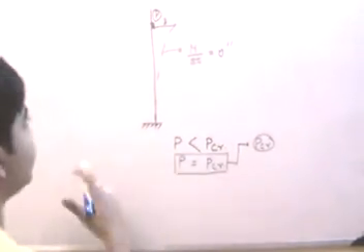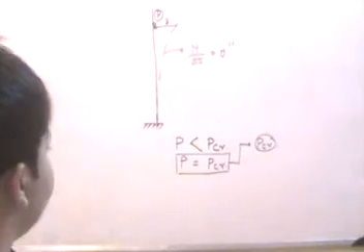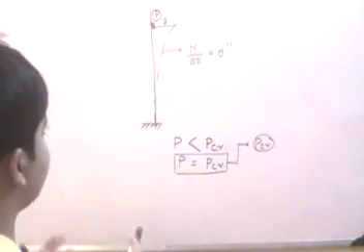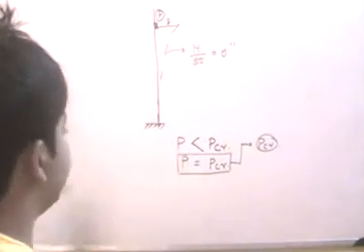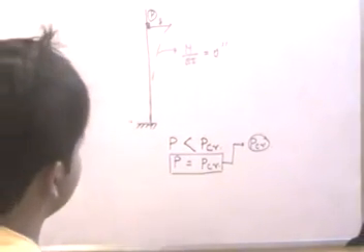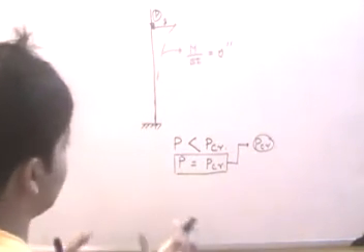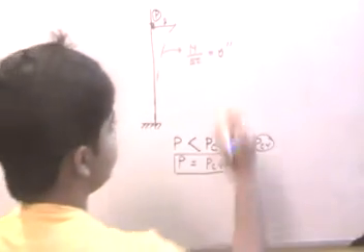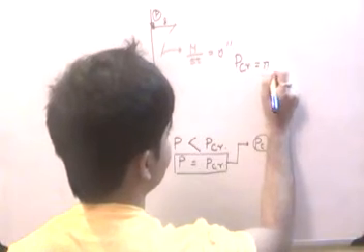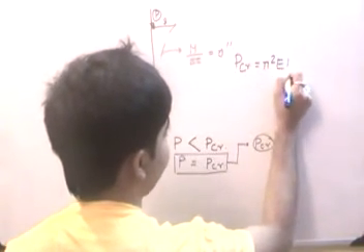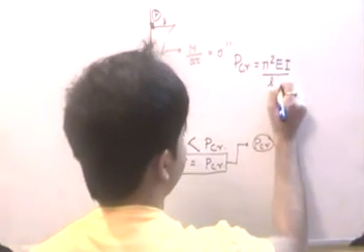Now at values of P greater than PCR, the column will be unstable, right? And it will bend indefinitely once the load is taken off. So this PCR is the critical load. Now what is this value of PCR essentially? As we found out, PCR is equal to pi squared EI by L squared, right?